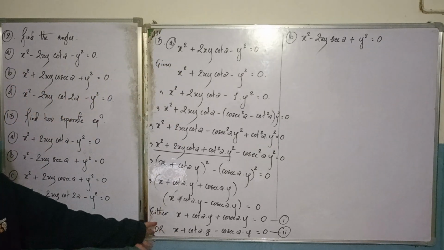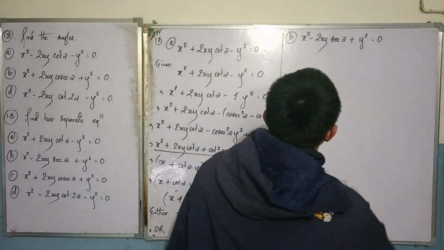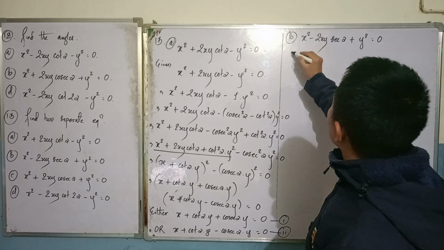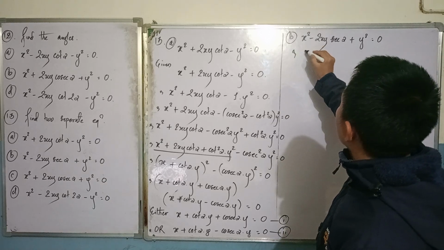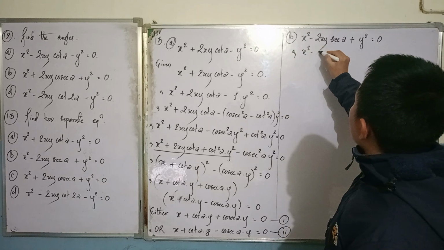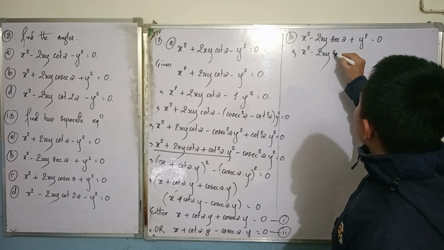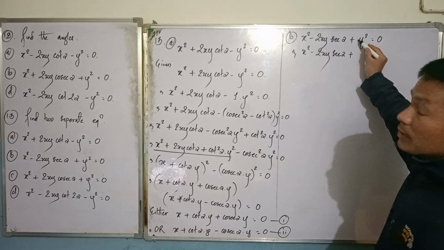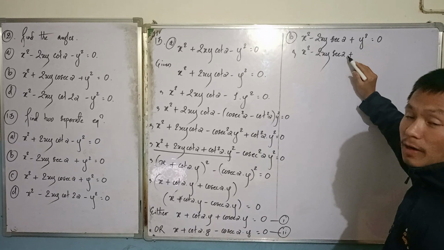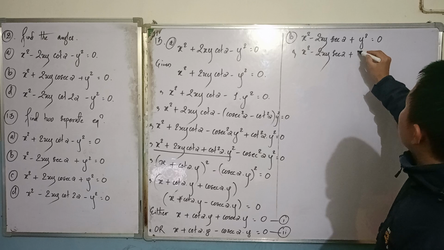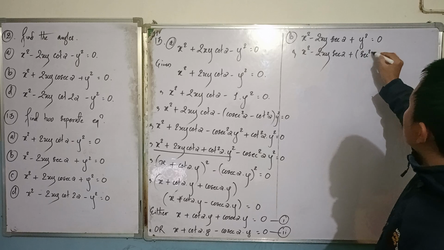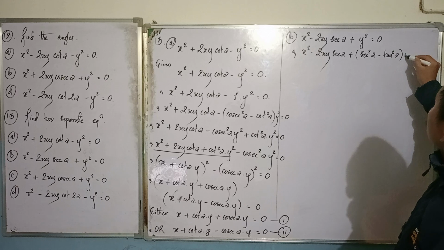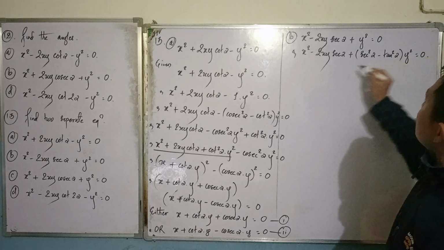Similarly, in this case also you can do it in the same way. From here, x squared minus 2xy sec alpha, where nothing written means 1, and 1 can be written as sec squared alpha minus tan squared alpha.